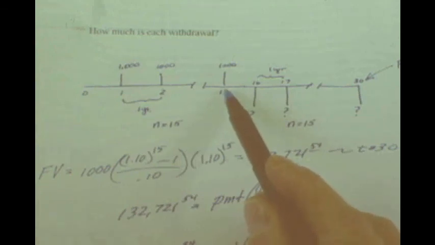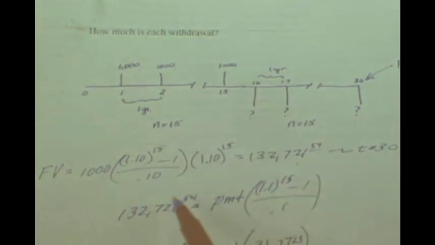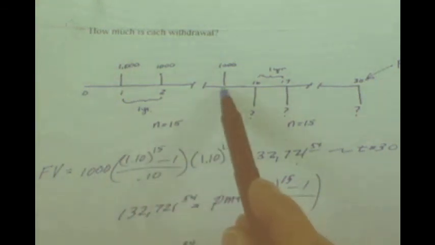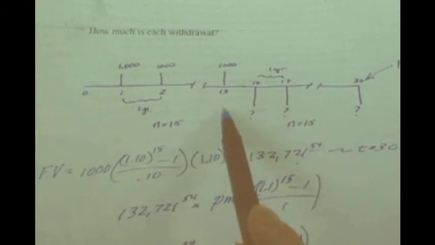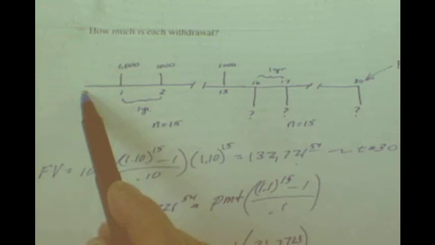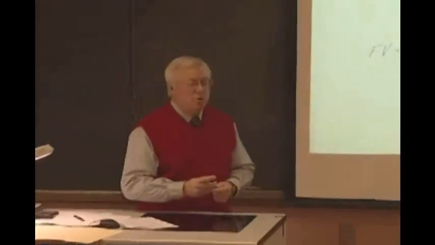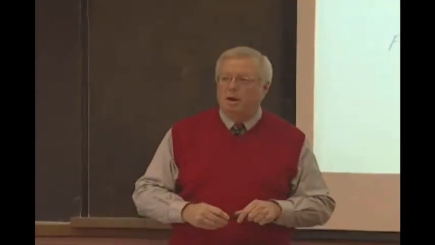Time 15 would have been good. What if I'd made that future value of these 15 payments equal to the present value of the unknown annuity? That would have worked. I could have moved everything to time 0 and made the money going in equal to the money coming out. Or we could have gone out to year 100 and we'd have still been able to solve this. Often there are numerous ways to solve these problems.